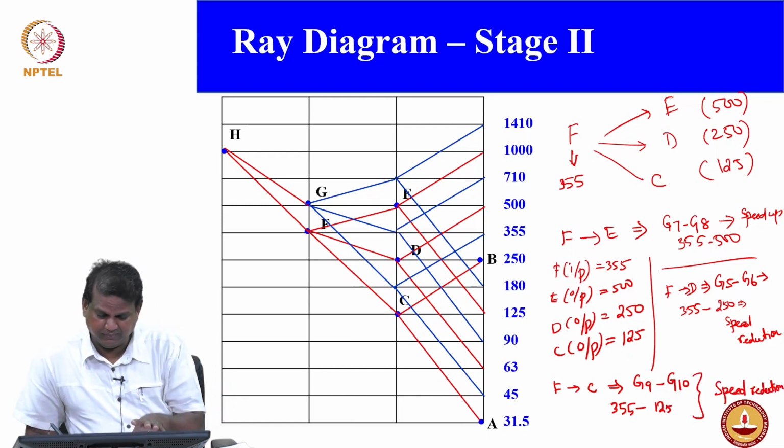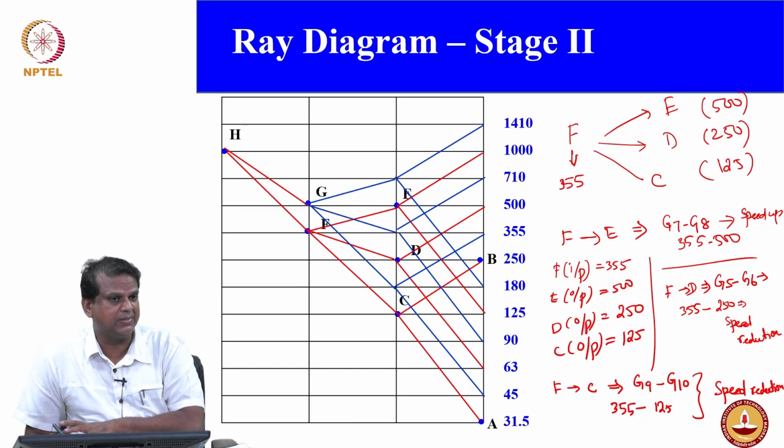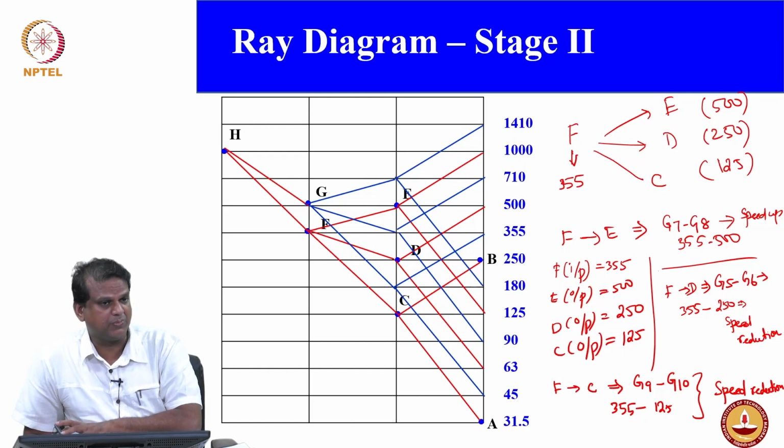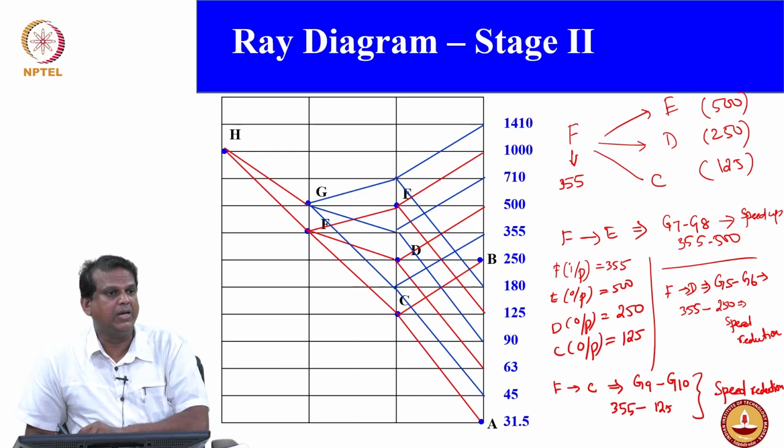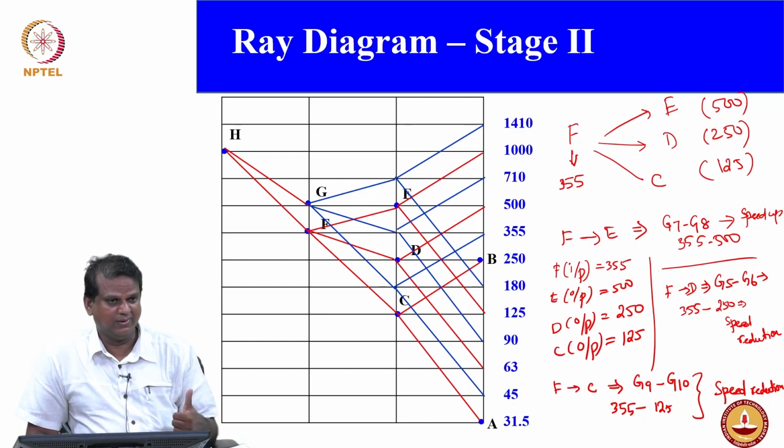So from this we can clearly understand, when gear 7 and 8 mesh, you will have a speed up. When gear 5 and 6 mesh, you will have a speed reduction, and when gear 9 and 10 mesh, you have another speed reduction. So you will have 2 reductions, 1 gear up.